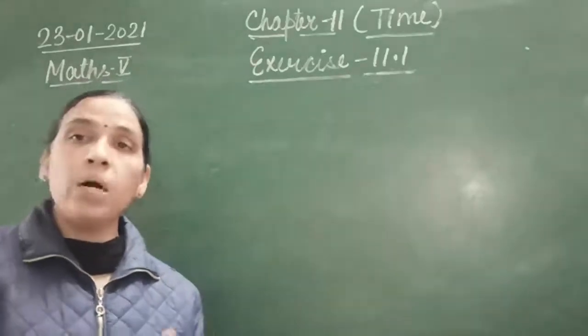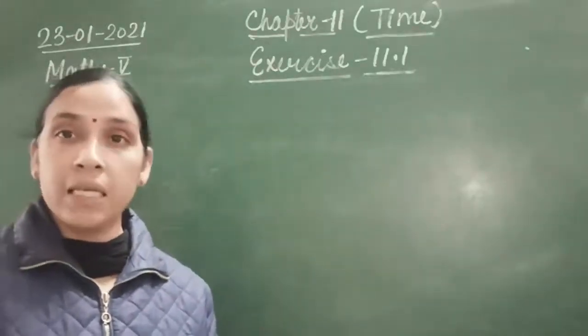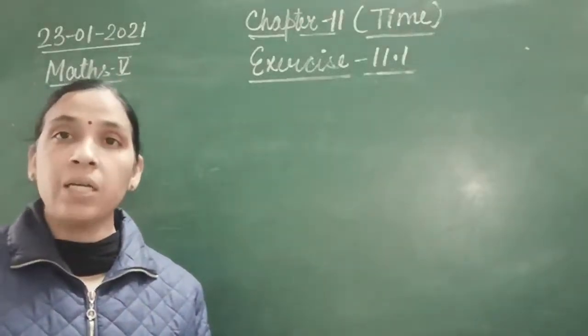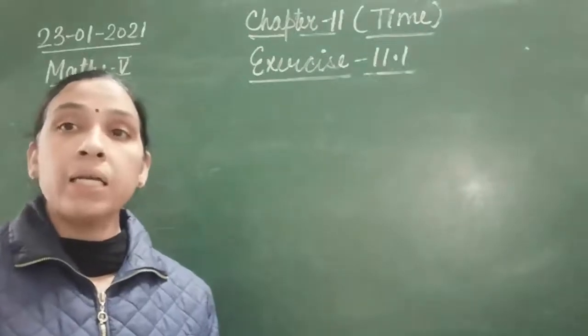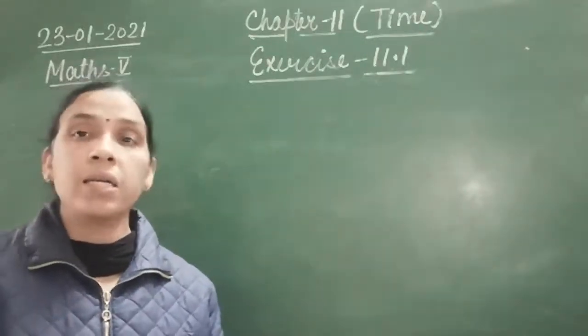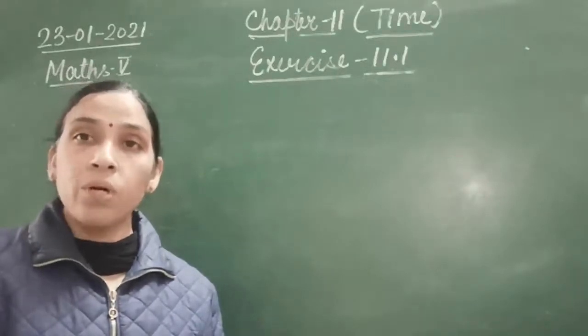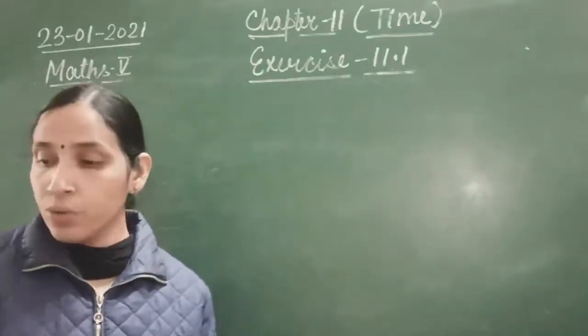After that, in 1 year we have 52 weeks, which is again an important one. Then in 1 year we have 365 days, but in a leap year we have 366 days. All these relations we have already done in previous classes also.